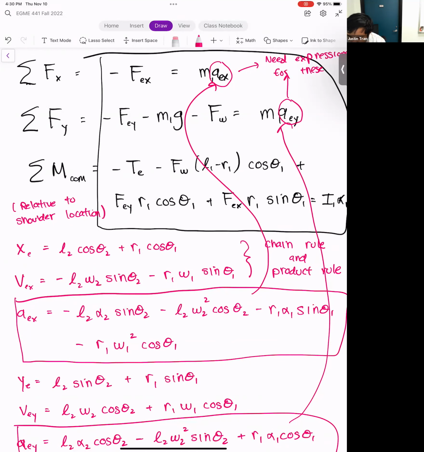And then after you plug in for AEX, AEY, then FEX, FEY, and TE, all of these you can solve for. Okay? So this set of three equations right here is actually a closed system. So we have everything that we need to actually solve.